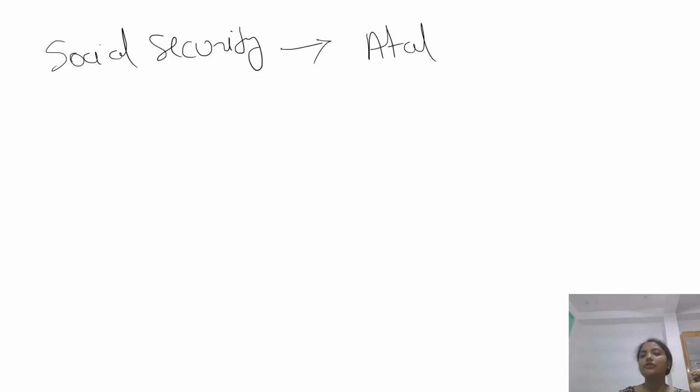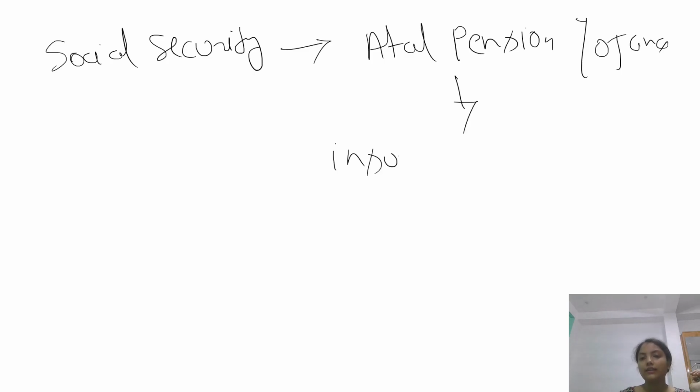There are social security schemes like the Atal Pension Yojana. The government has brought many schemes for social security, such as the Atal Pension Yojana. It is talking about insurance, giving insurance to workers, to unskilled workers.